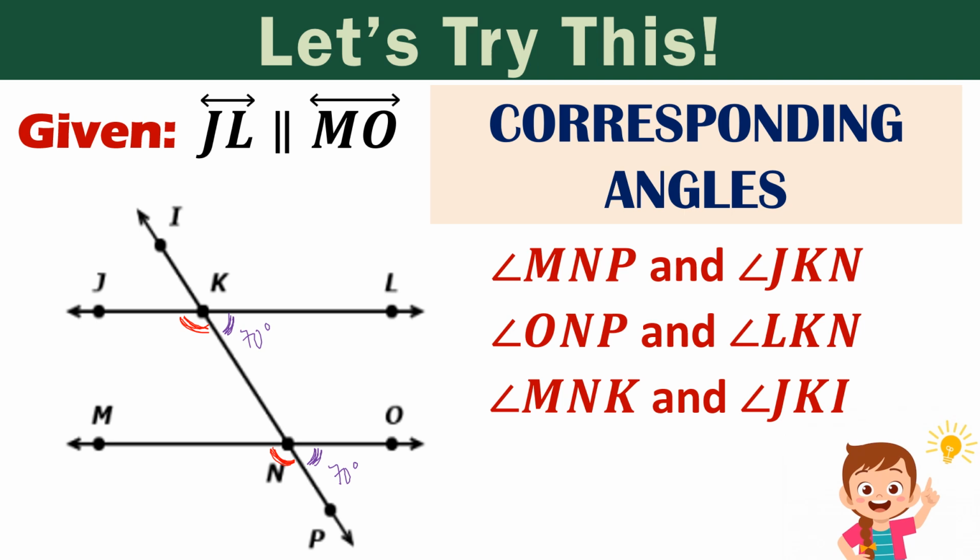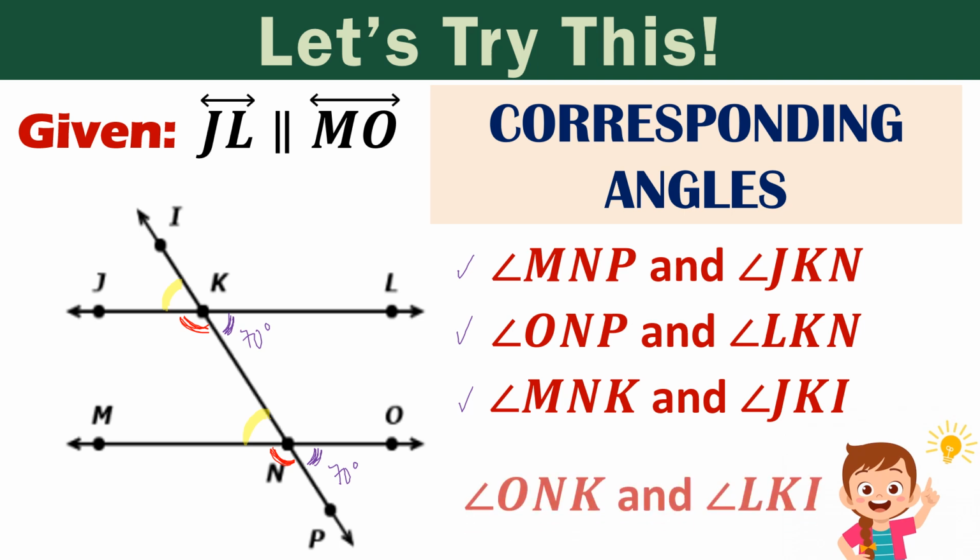Okay, what else? Apart from the 2 pairs that we have, we can also have MNK, so we are referring to this portion, and KJI. Okay, KJI, this is actually JKI, supposedly this one. And the next would be one more.